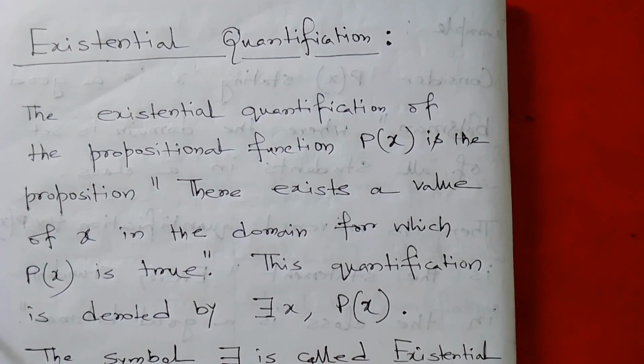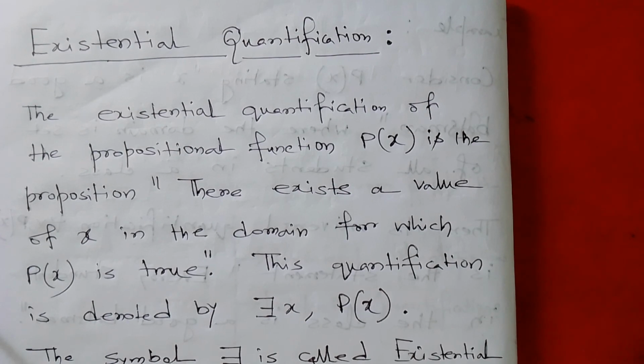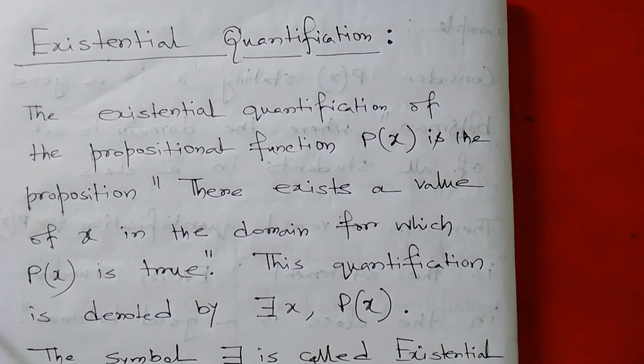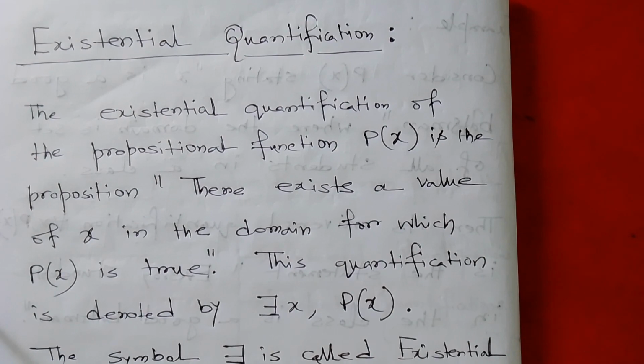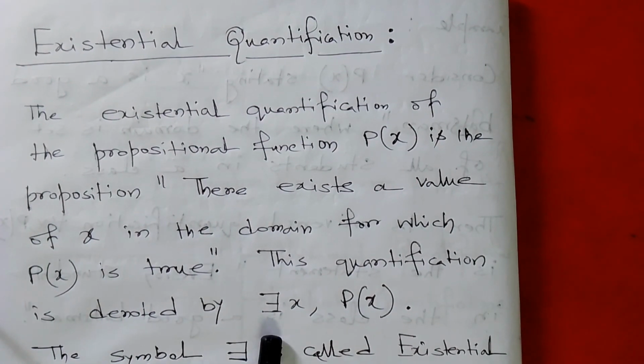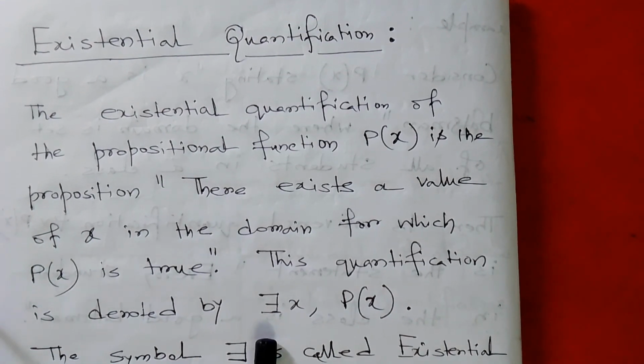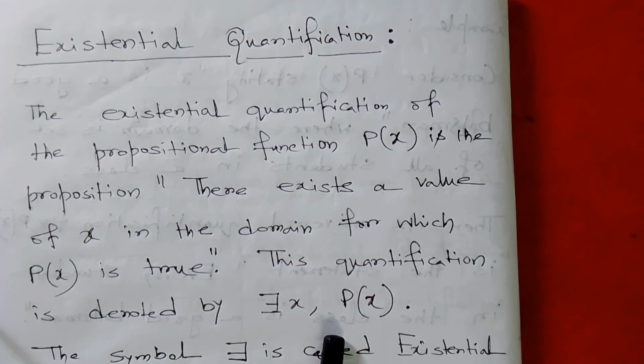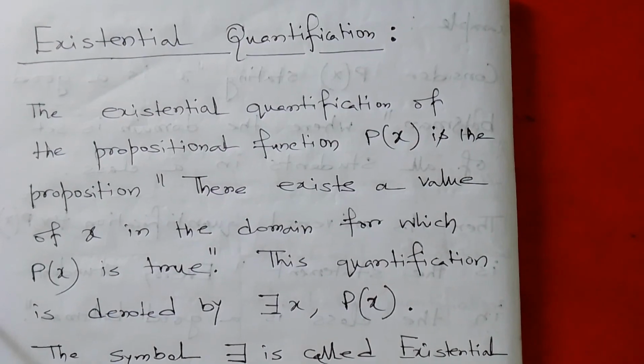So in the domain set there will be a value of x for which P(x) is true, and that is existential quantification. This quantification is denoted by this symbol, the existential quantifier, x of P(x).